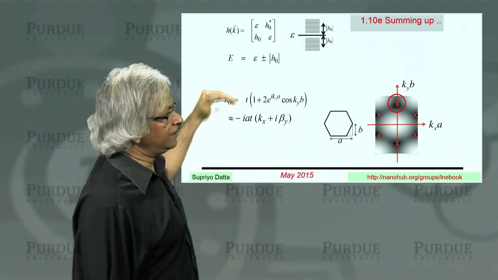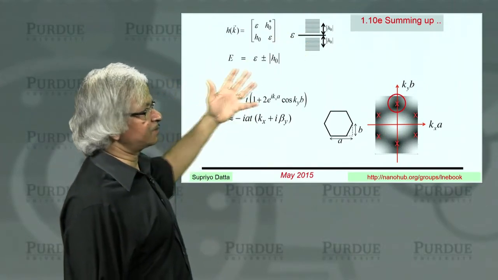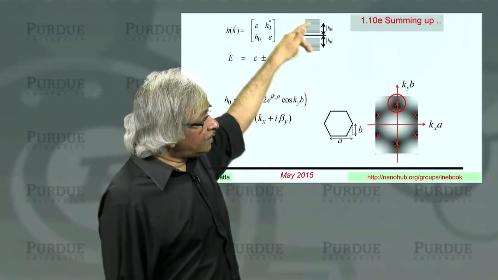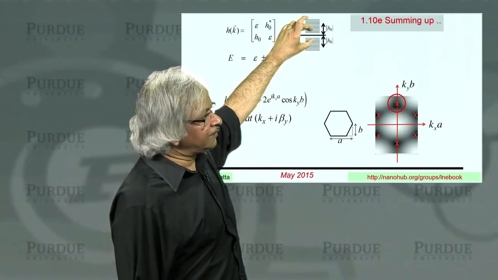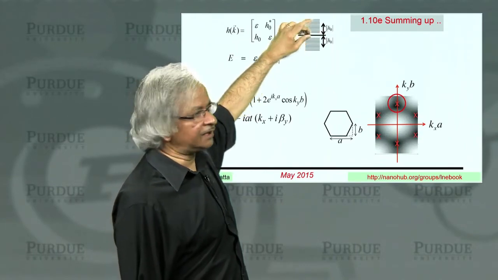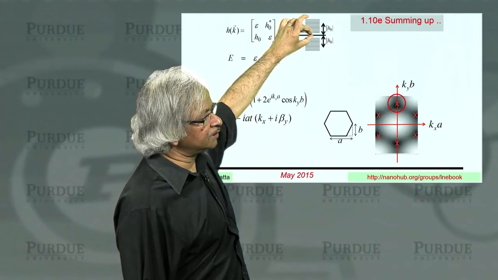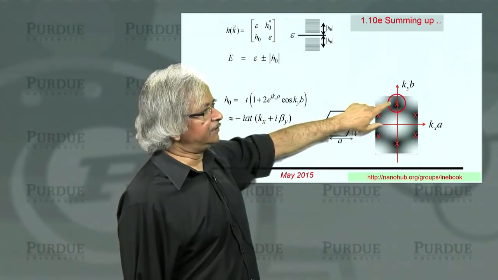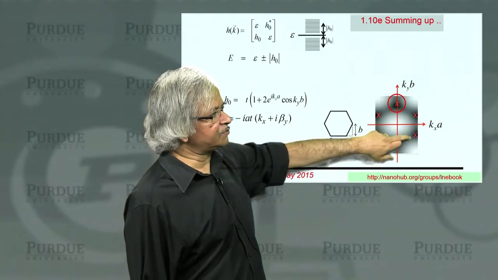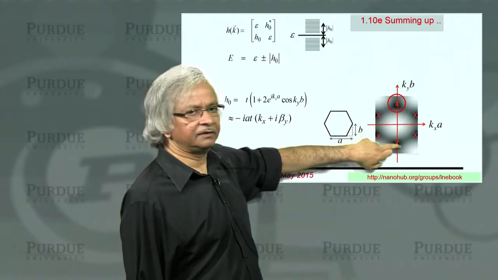And there again, you can simplify this expression somewhat, which is commonly done by looking at the valleys. That means the points where this H0 is a minimum, because that's where the energy levels will be closest to the Fermi energy. And these valleys, when you look at them in K space, you see them spread in this hexagonal pattern here.